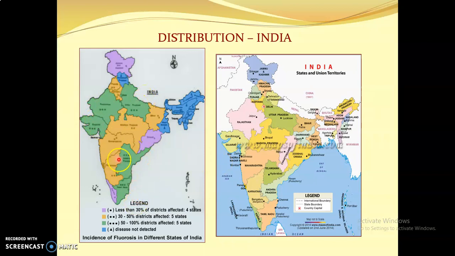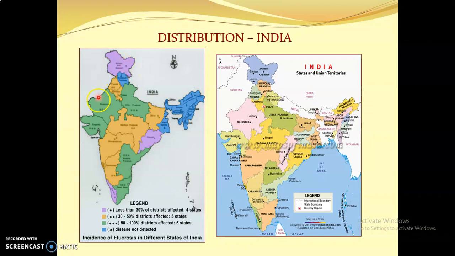Of course, now we know there are other states that have been newly formed: Jharkhand, Chhattisgarh, Uttarakhand and Telangana. So with that, the number of states changes. But of course, these are areas with hyper-endemic fluorosis, that is, more than 50% of the districts are affected with fluorosis.